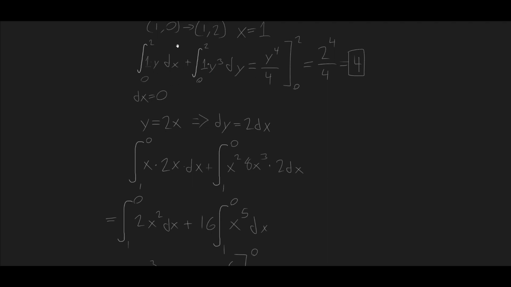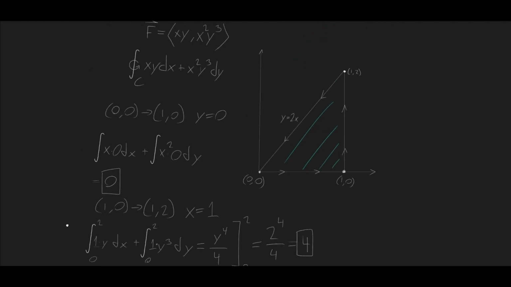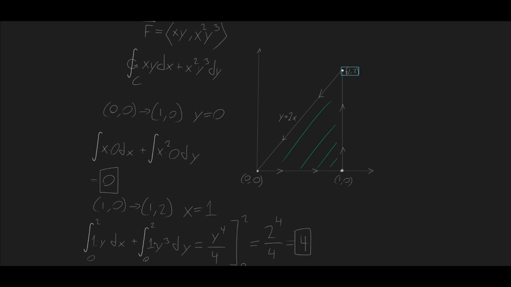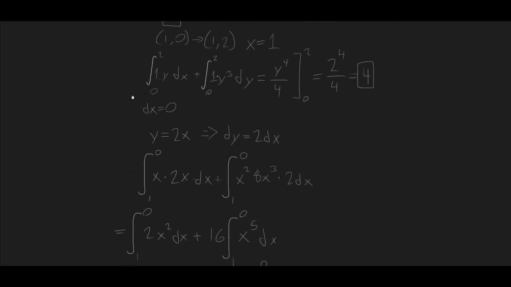But since we're on a vertical line, we're not changing along the x-axis, so dx is equal to 0. That makes this integral equal to 0. So then we just have this integral left, and that is equal to y to the power of 4 over 4 from 0 to 2, or 2 to the power of 4 over 4. And that's going to equal 4.